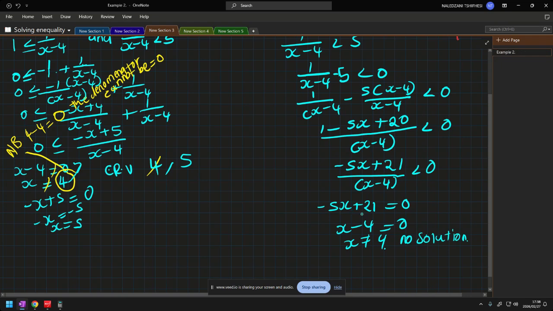So we're going to focus on this one. 5x is equal to 21, and then dividing by 5, x is equal to 21 over 5, right? So here we have x is equal to 5, and x is equal to 21 over 5.